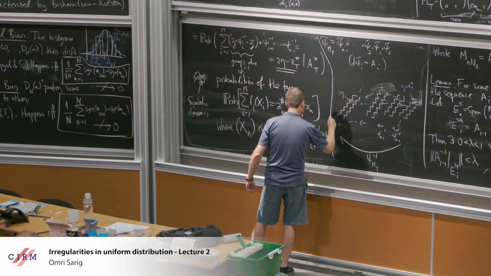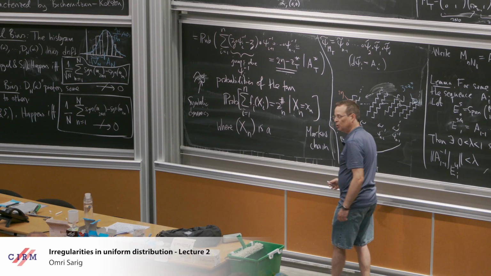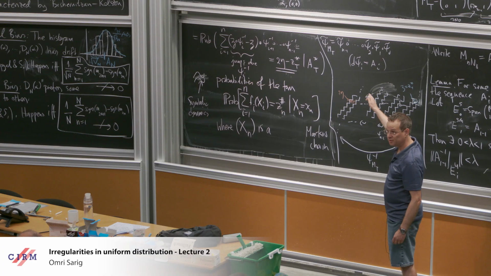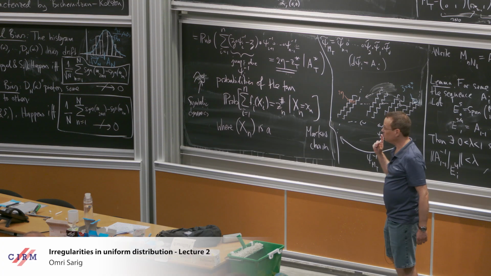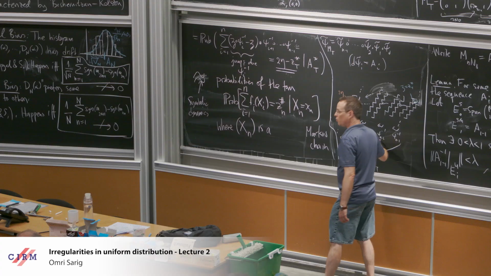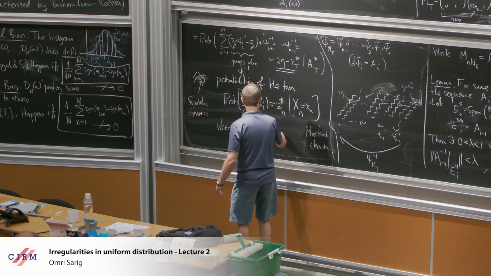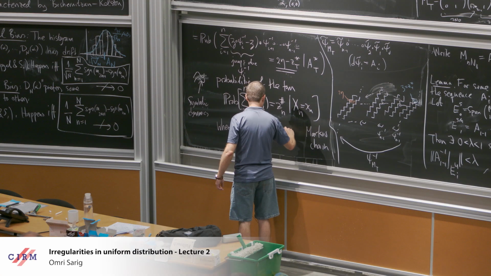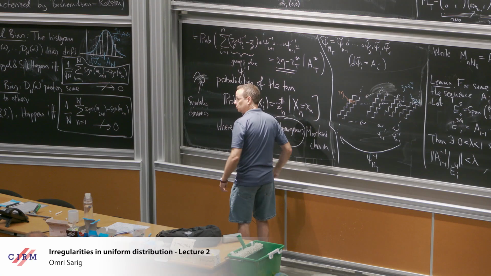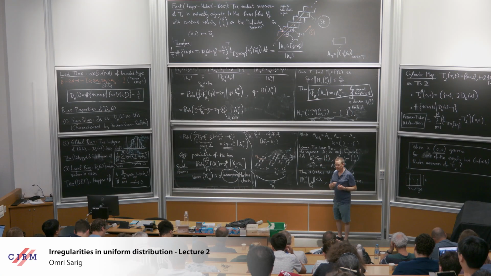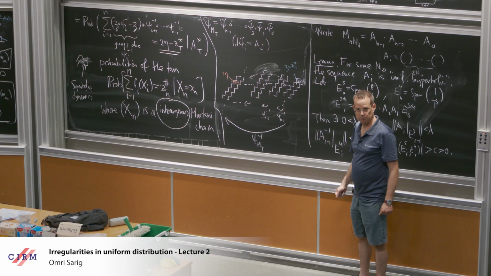Okay? Just like the measure of maximal entropy for a hyperbolic toral automorphism, when you code it by Markov partition, is a Markov chain, the same happens here. Except that because we are not using the same automorphism, it's not a stationary Markov chain, it's an inhomogeneous Markov chain. Inhomogeneous Markov chain is a Markov chain such that the state spaces change in time and the transition probabilities change in time.